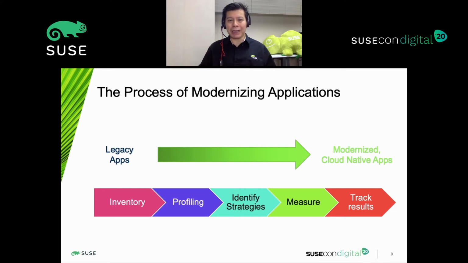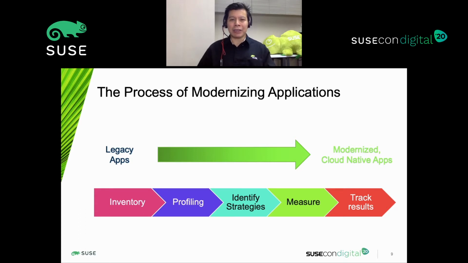Once you identify these applications, you may want to identify the strategies. There are different strategies that we are going to cover in the next slide to help you migrate to the container and application platform.